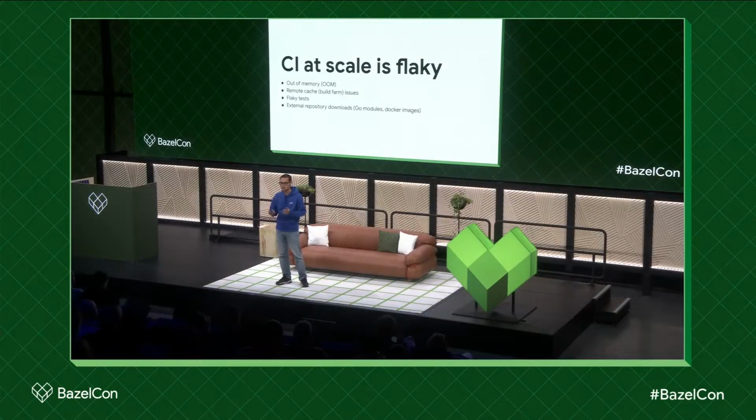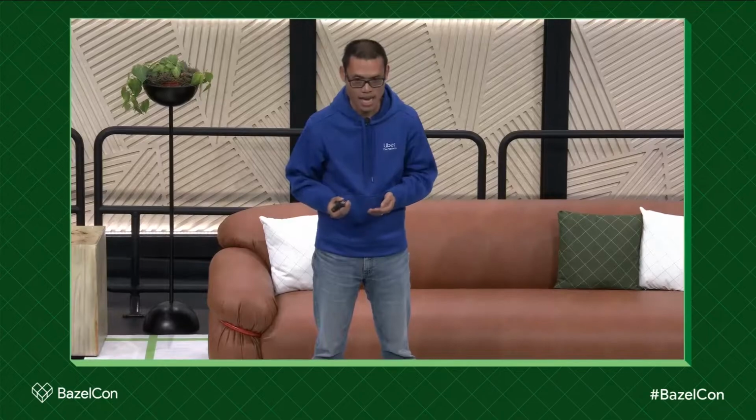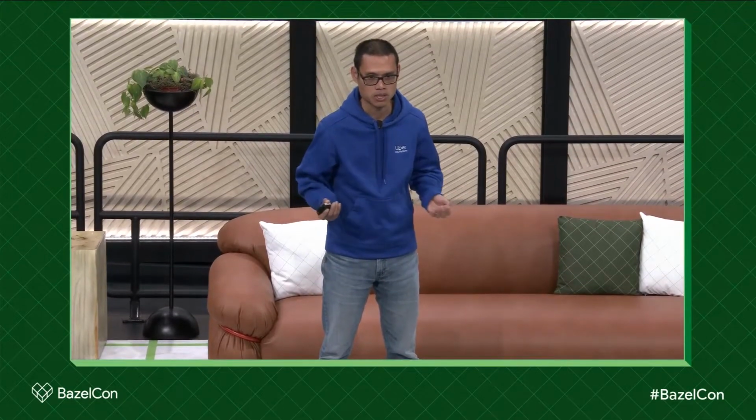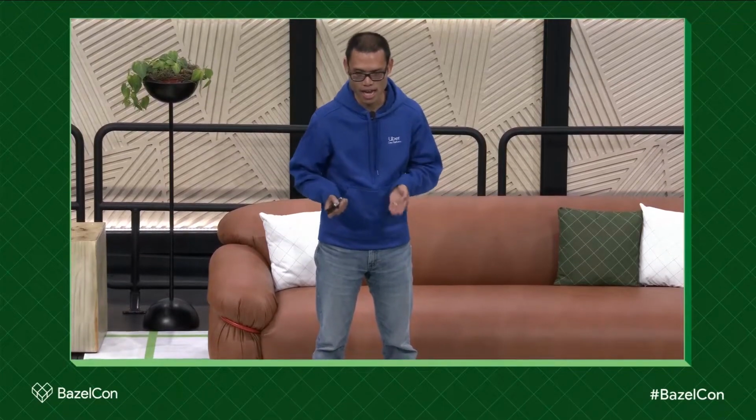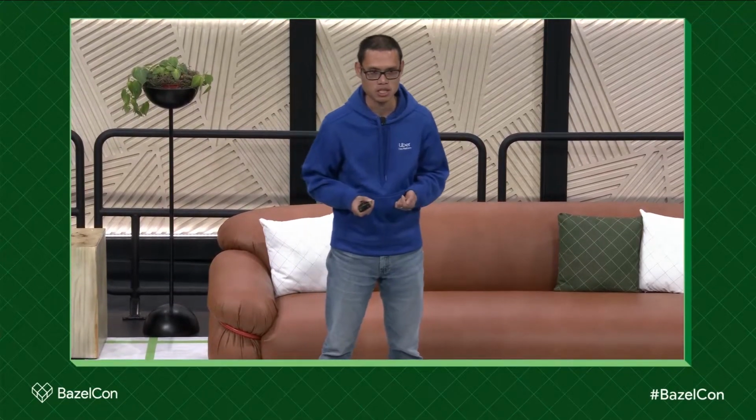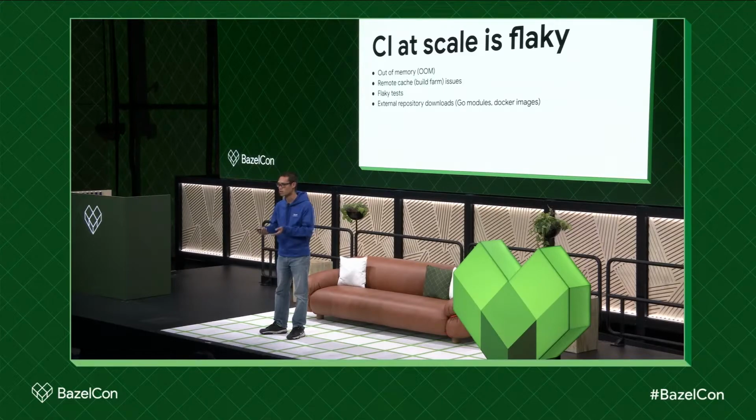And because each CI job has many shards, and some of the CI jobs have even 100, 200 shards, any of the shards failing will cause the whole CI job to fail. And because of this scale, it's highly likely that one of the shards will run into these issues. So our CI jobs frequently hit these issues, not related to the change.